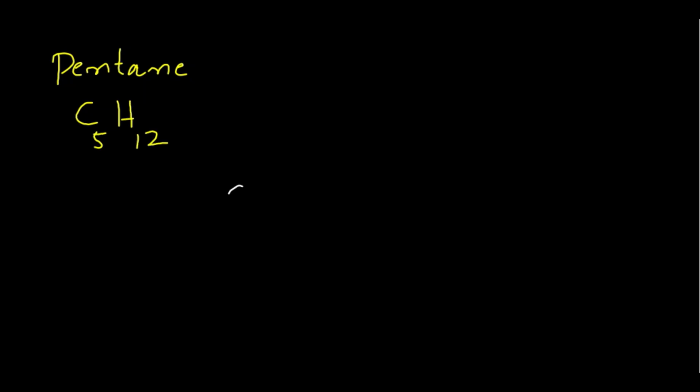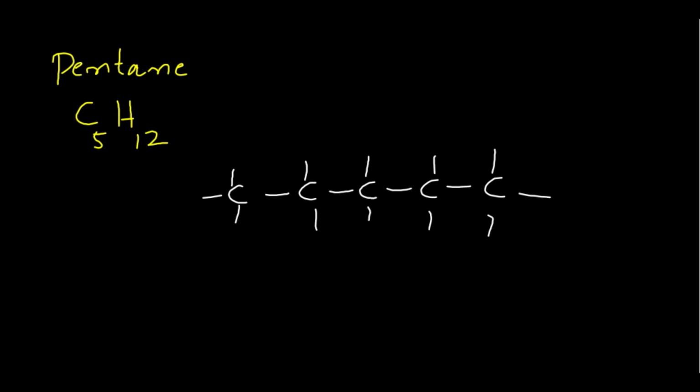Total carbon atoms are 5. Right students, we will make the skeleton of 5 carbon atoms connected with single covalent bonds. 1, 2, 3, 4, 5. Make each carbon tetravalent. We will make each carbon tetravalent. And fill the vacant vacancies of carbon with hydrogen.